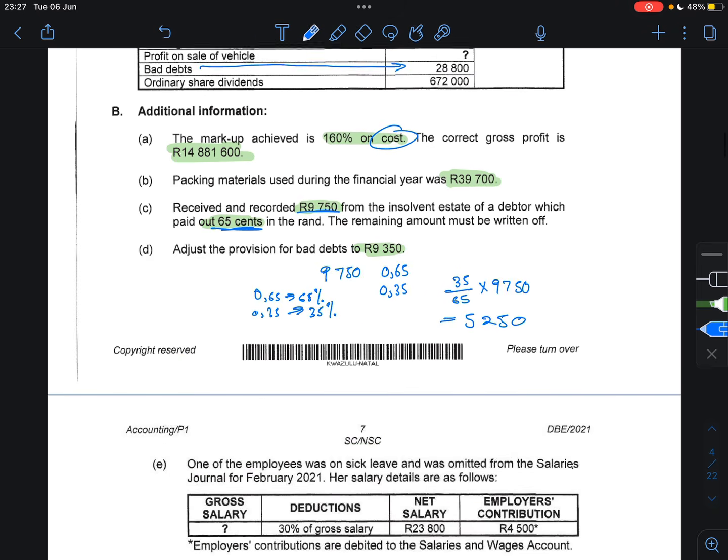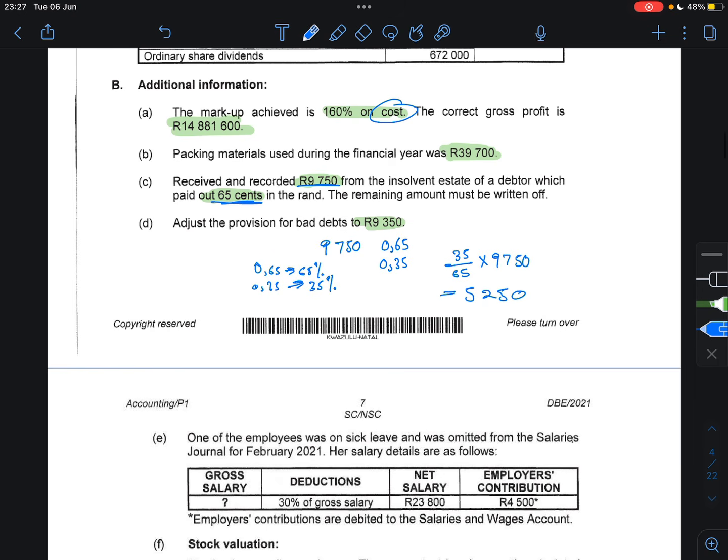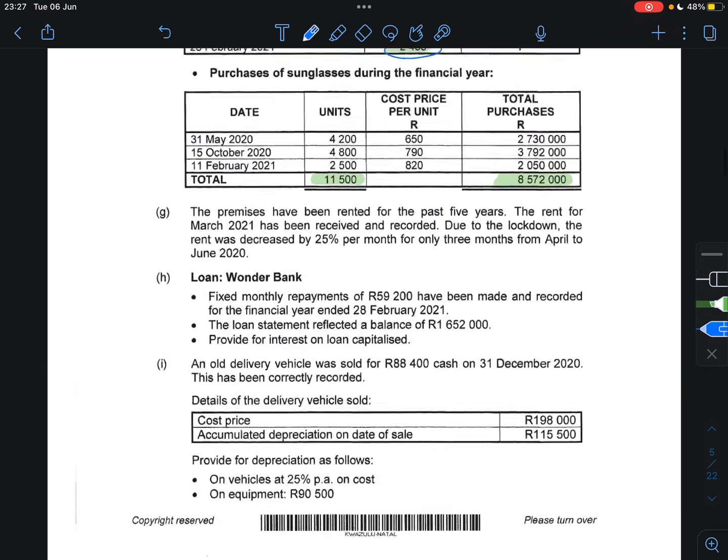Since it has decreased, the business is going to record that as an income. So it decreased from 9,800 to 9,350. The difference is going to be our income, which is 450.